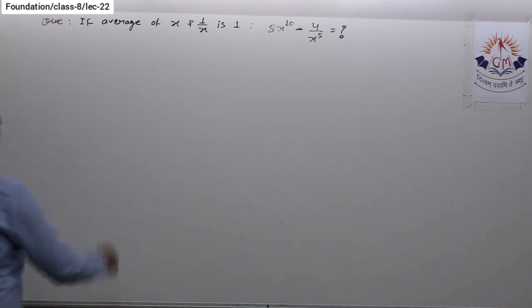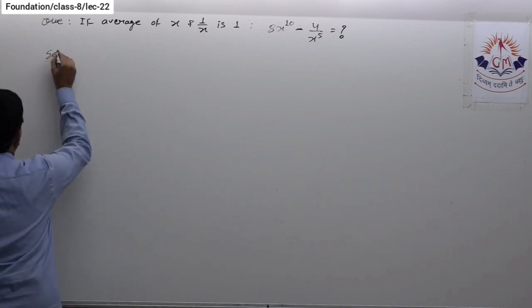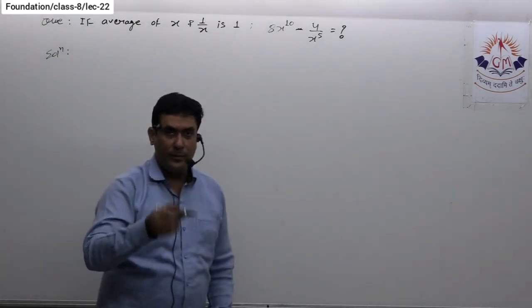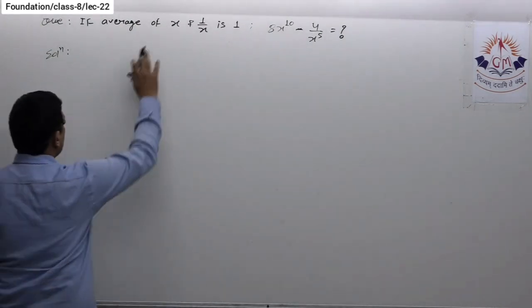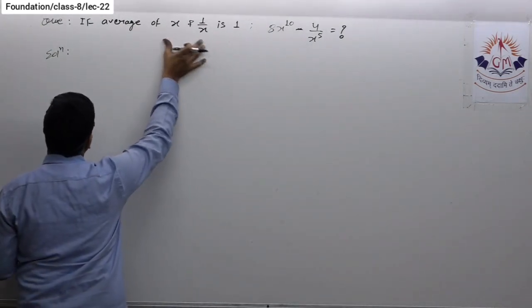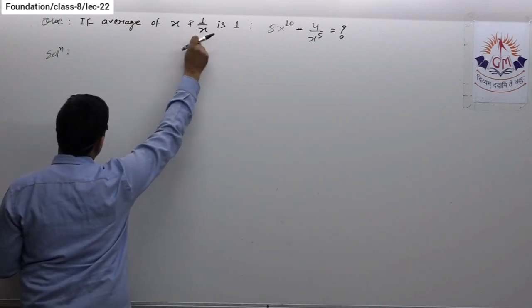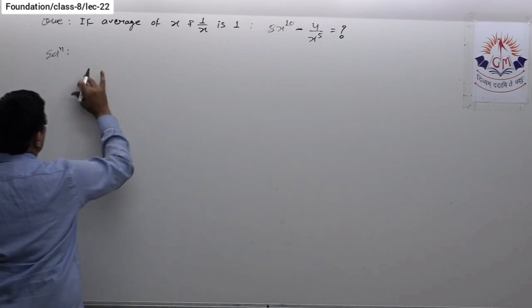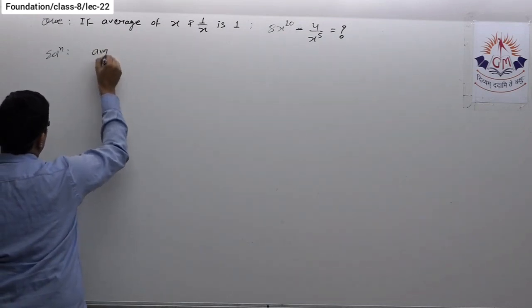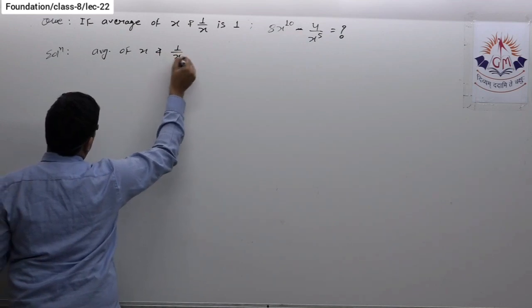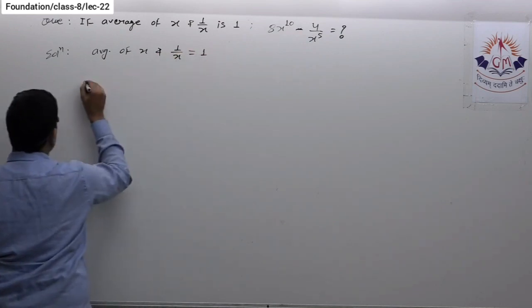Okay, let us see. First of all, you must understand what is the meaning of average. Average means sum of observations divided by number of observations. Here there are only two quantities, so the sum of these two divided by 2 is equal to 1. So (x + 1/x)/2 = 1.